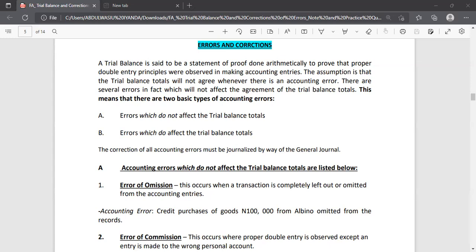The temporary account that we are going to open in the situation whereby the trial balance does not agree is called the suspense account.